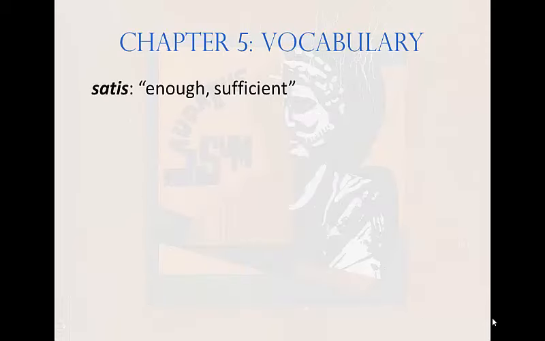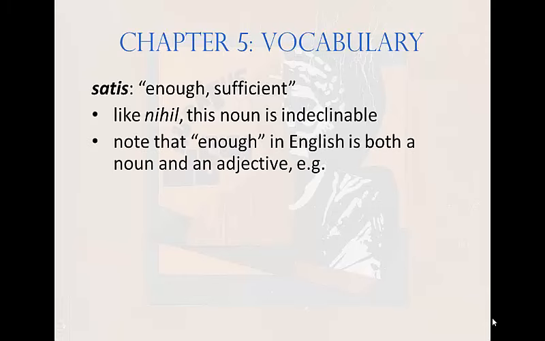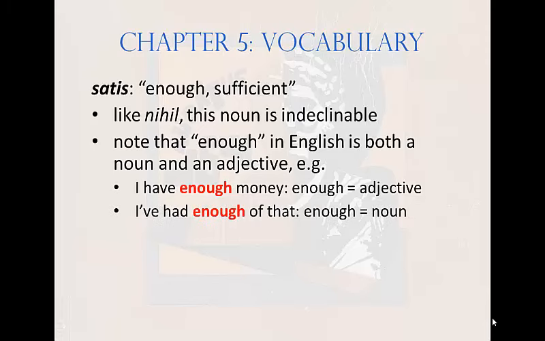The next word is satis, meaning enough or sufficient. Like nihil, this noun is indeclinable, which means it doesn't change form as it goes through its cases. In English, enough is both a noun and an adjective. For example, I have enough money. In that sentence, enough is an adjective. I've had enough of that.